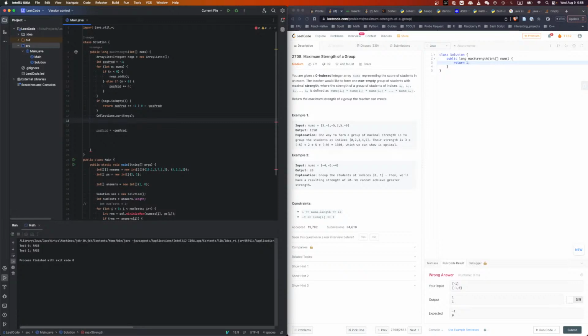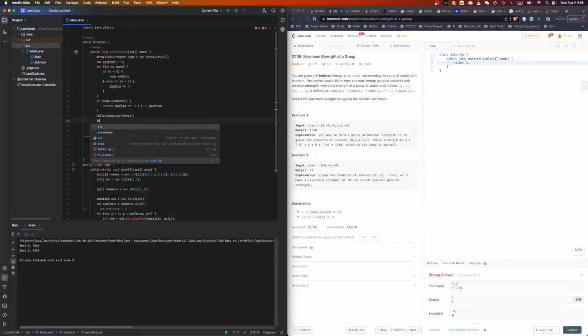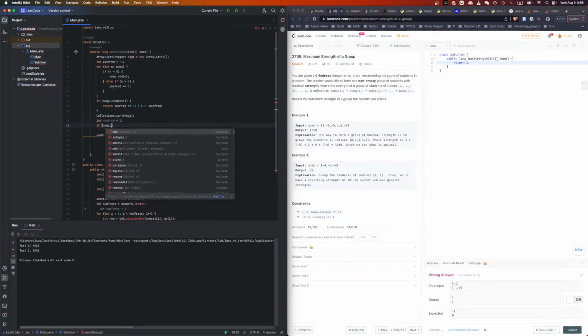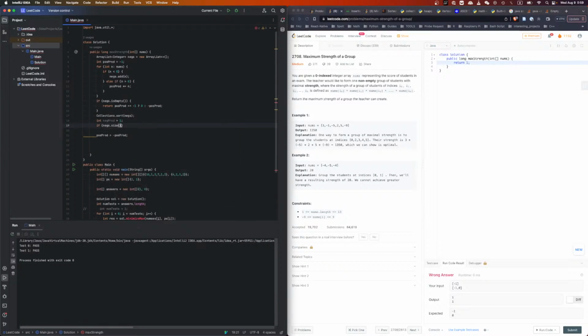Right, so we sort the negatives, and then we can say if len, I can also do int neg product. Okay, so I can do if negs dot size is equal to 1, right?